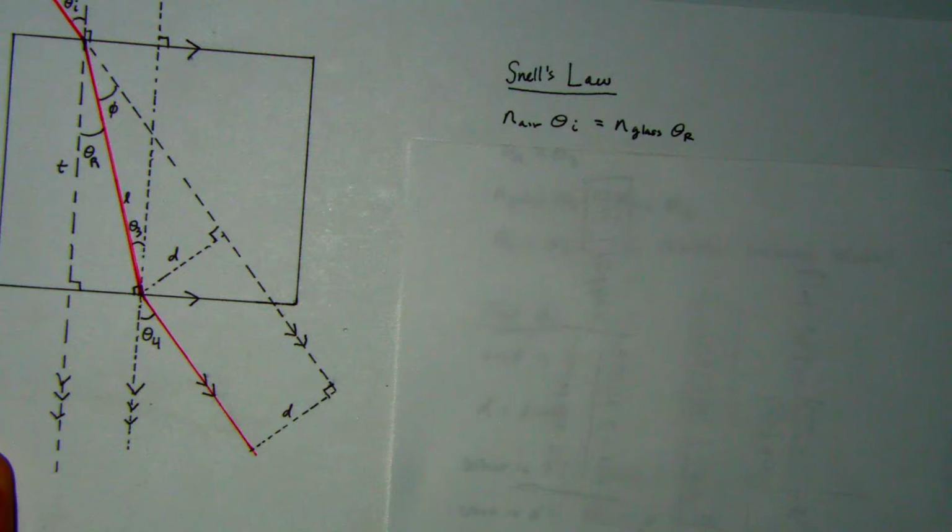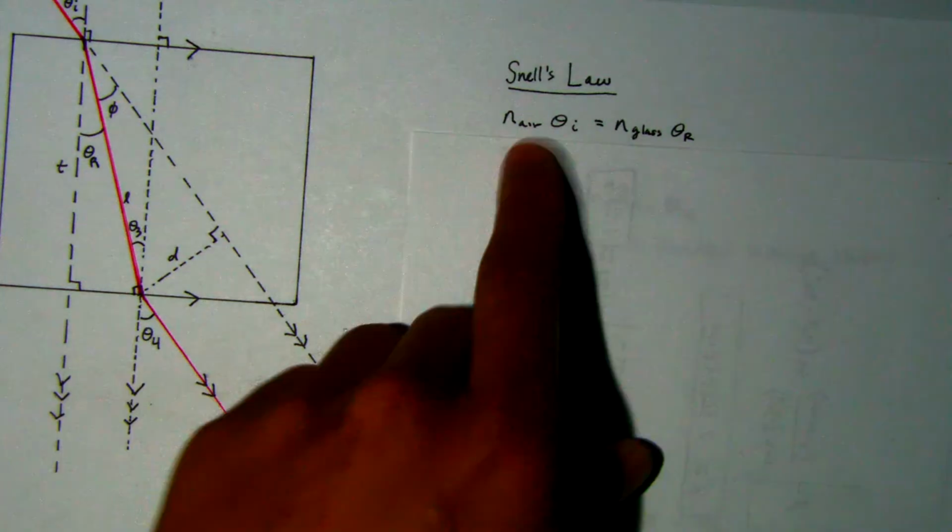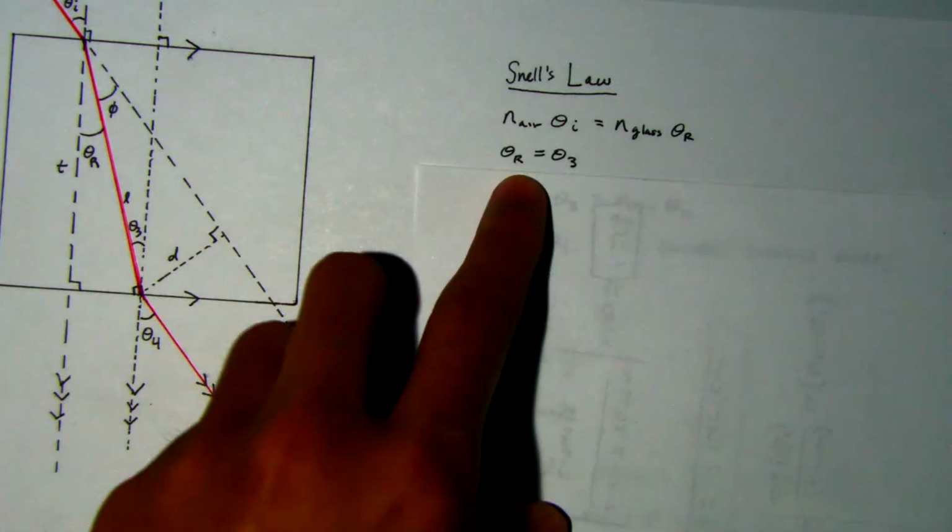Now that we have this identified, we can see that the angle of refraction is the same as angle 3. And we know this because the axes, as you see in the diagram, are parallel lines as well. So we use the geometry rule to show that angle r is equal to angle 3.